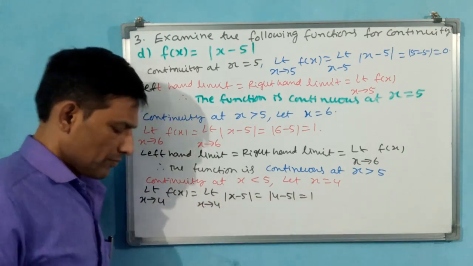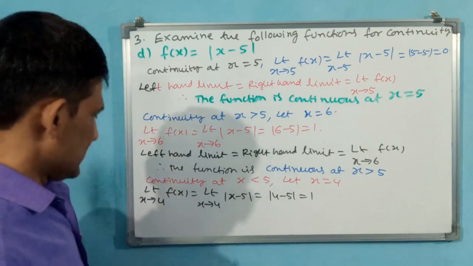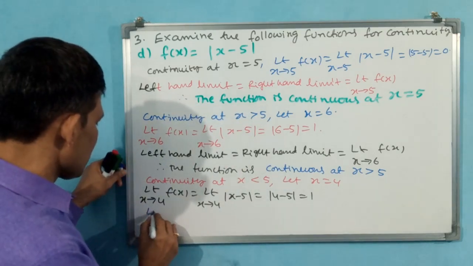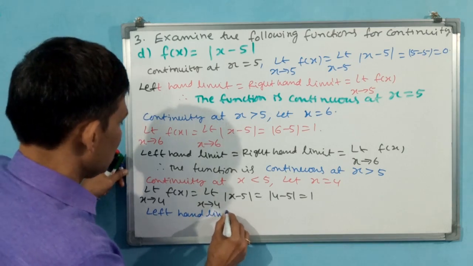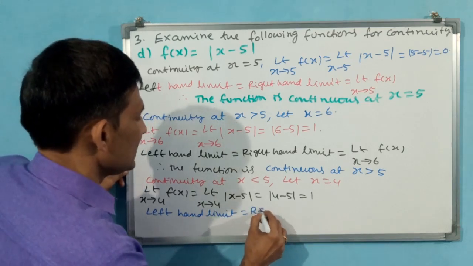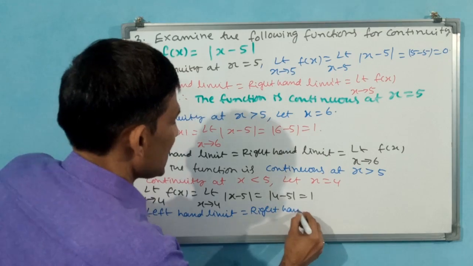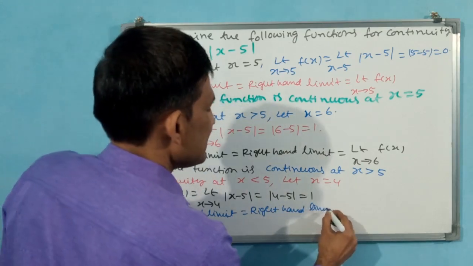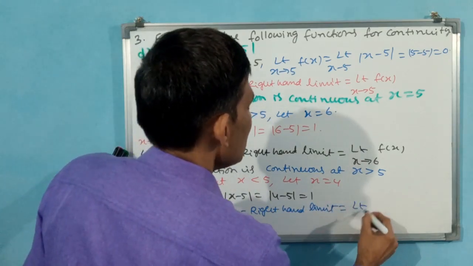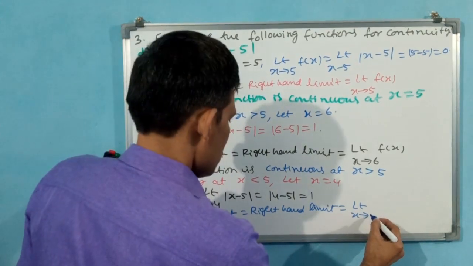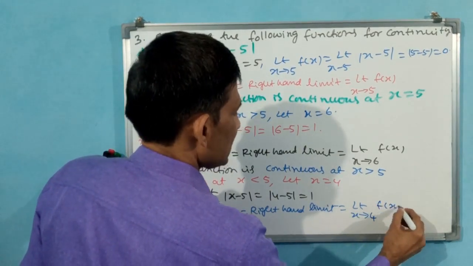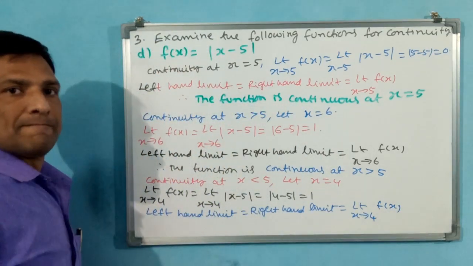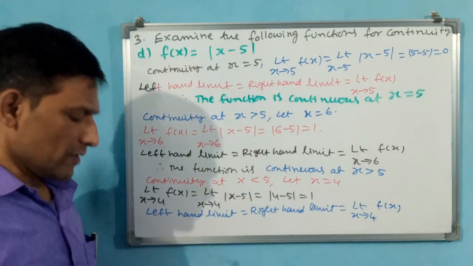Write down. Left hand limit is equal to right hand limit is equal to limit x tends to 4 f of x. Okay.